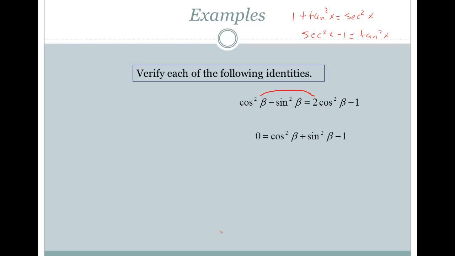If we do that, 2 cosine squared beta minus cosine squared beta leaves me with just cosine squared beta plus sine squared beta minus 1. We know that is simply a Pythagorean identity equal to 1. I get 1 minus 1 is equal to 0, so we verified that one.